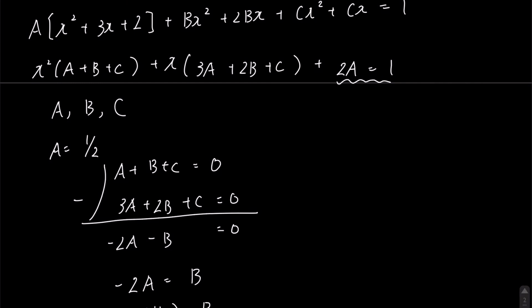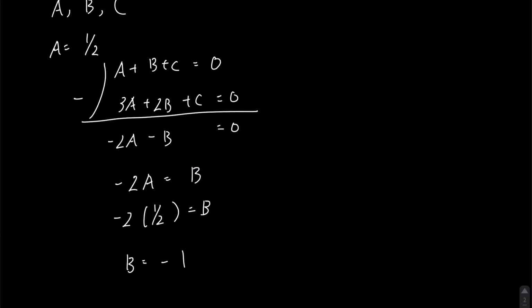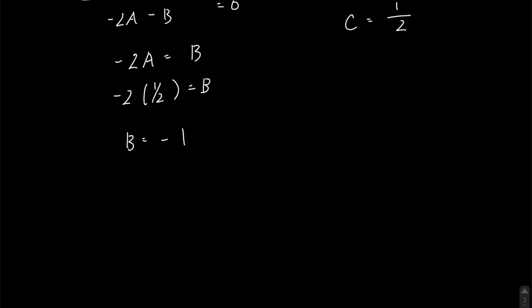So our b is negative 1. And next we solve for c. Let's use this equation to find c. So a is 1/2 and our b is negative 1, plus c equals 0. So negative 1/2 plus c equals 0. So c is 1/2.